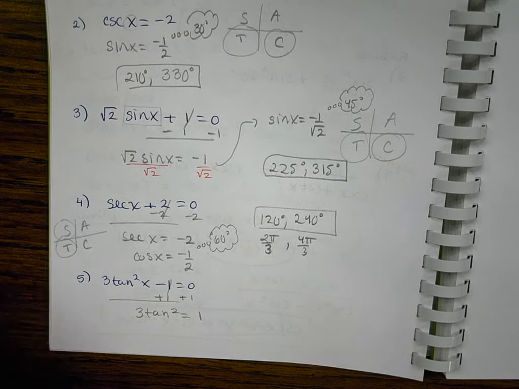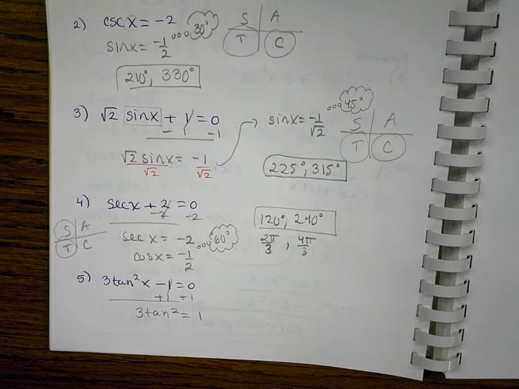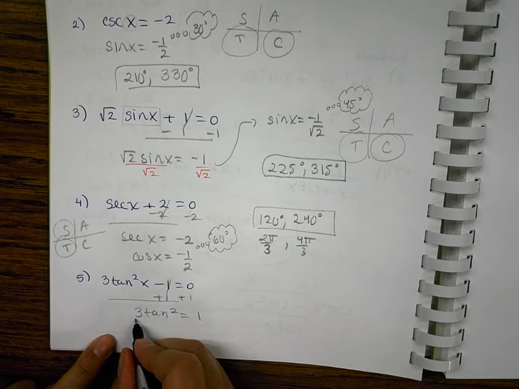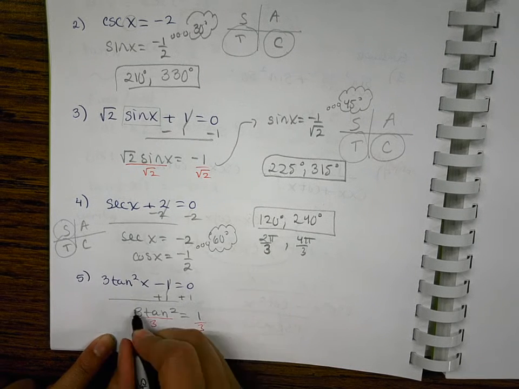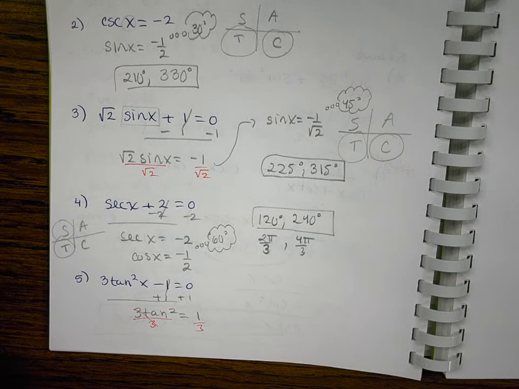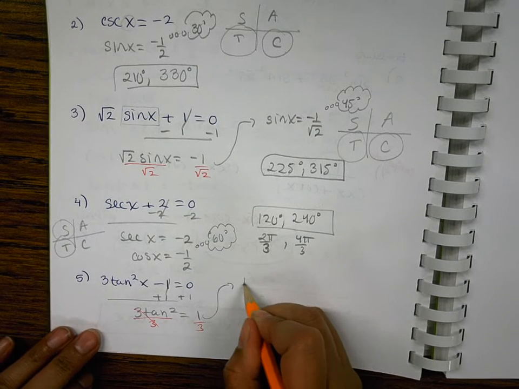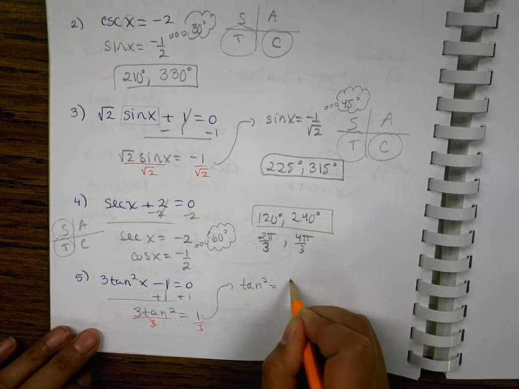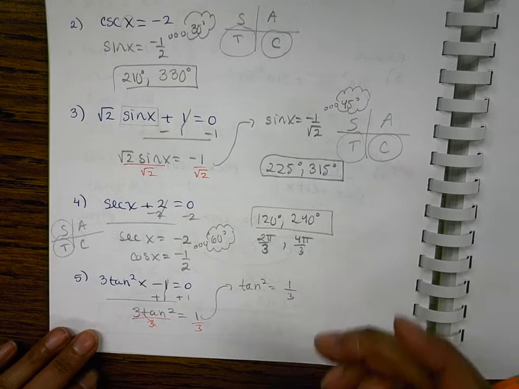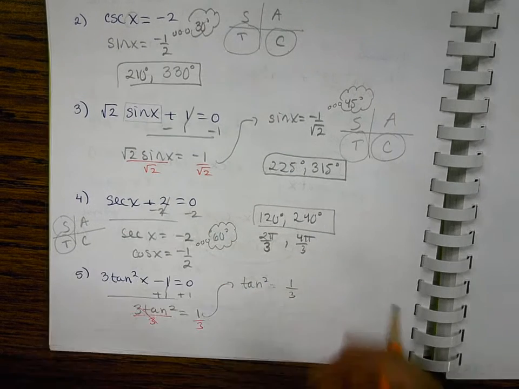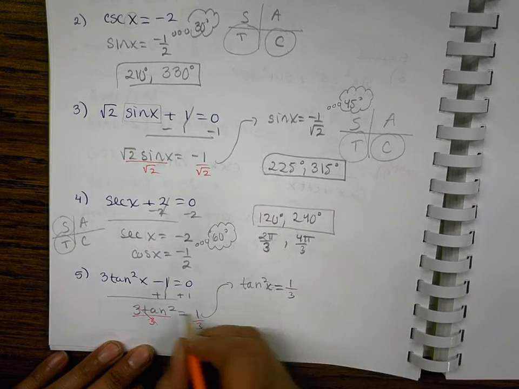Divide both sides by 3. That gives you tan squared x equals 1/3. There is an x in there that I just forgot to write down.